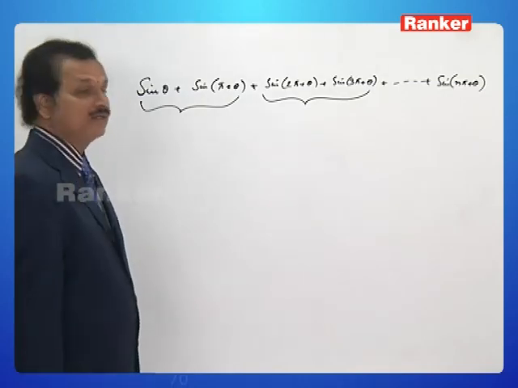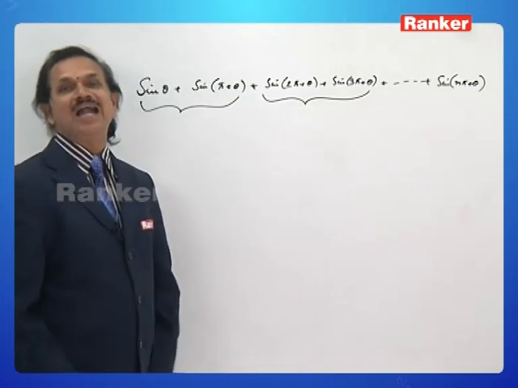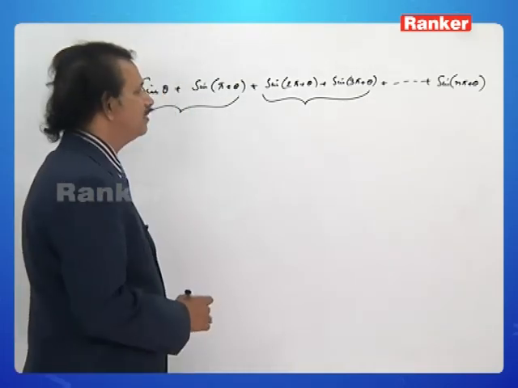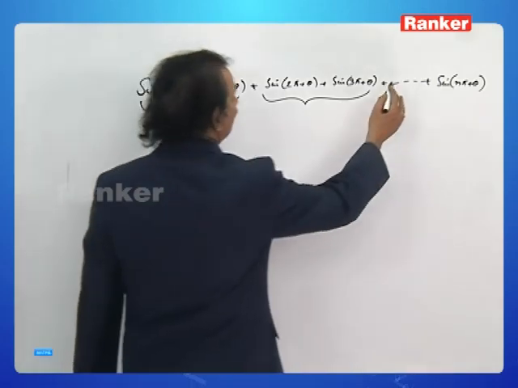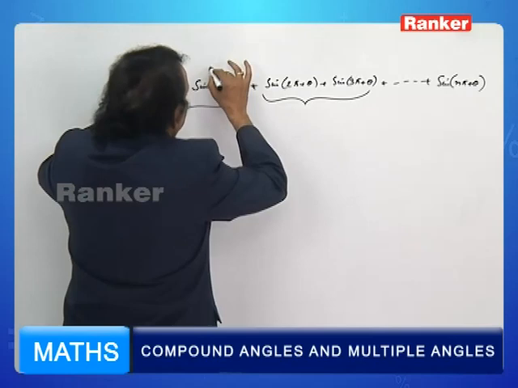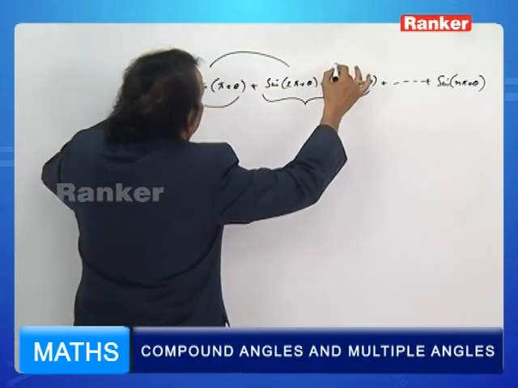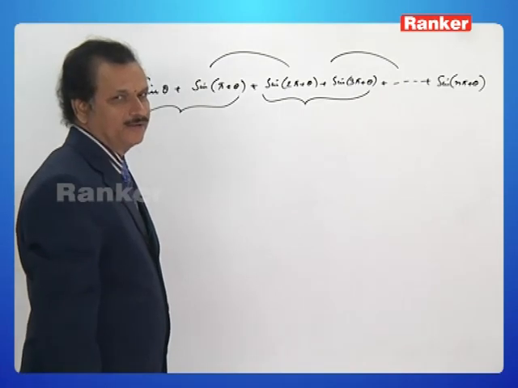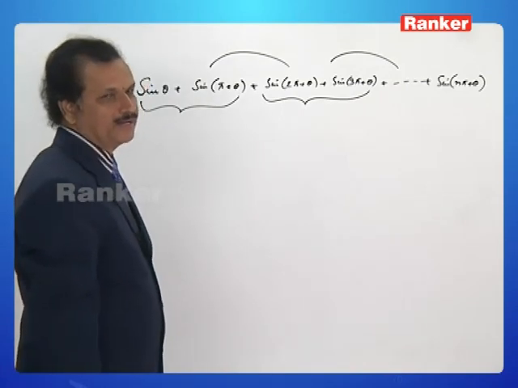Then the number of terms will be odd. You leave the first term, add the other two, sum 0, sum 0, like that. Sine theta will remain.